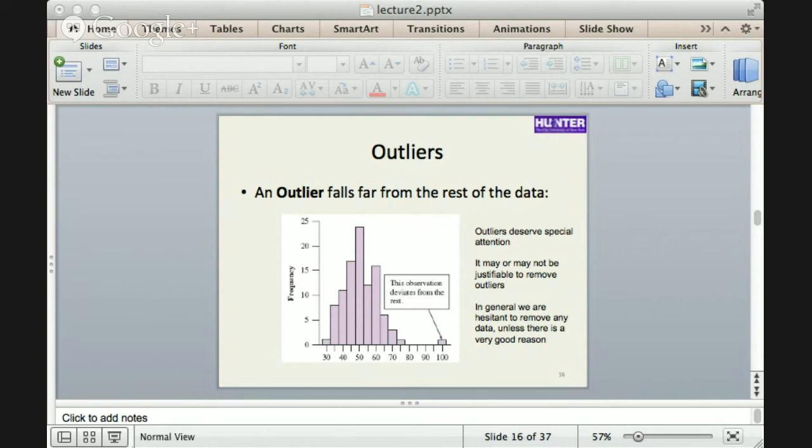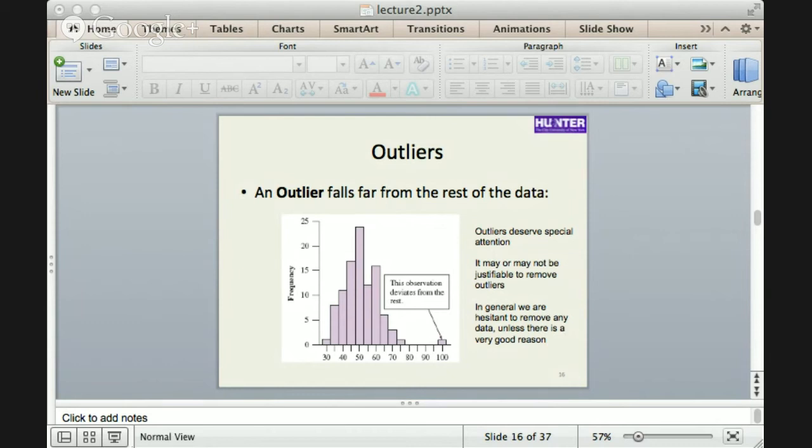Log normal is a distribution where if you take the logarithm of it, you get a normal distribution. The exponential distribution, the probabilities are exponentially decreasing towards 0, and a uniform distribution where you have an upper and a lower bound and equal probability of having an observation anywhere in between there.